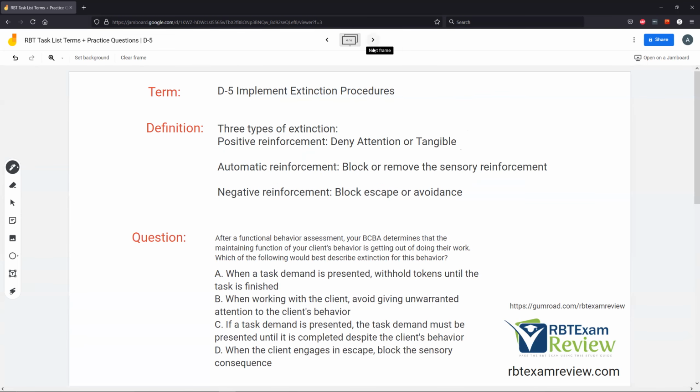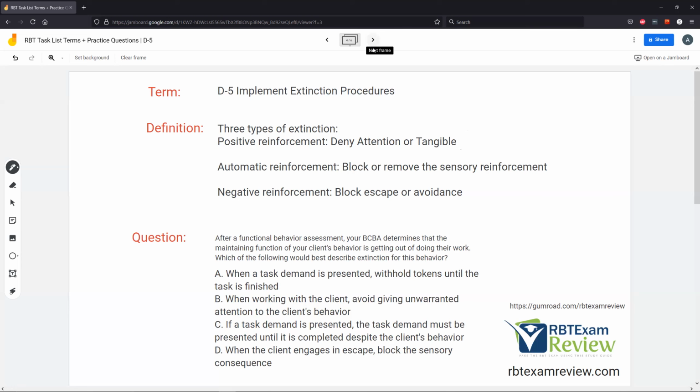All right, 3 types of extinction. We have positive reinforcement extinction, automatic reinforcement extinction, and negative reinforcement extinction. Positive reinforcement extinction: we're denying attention or tangibles, because typically the behavior in the past gained attention or a tangible.